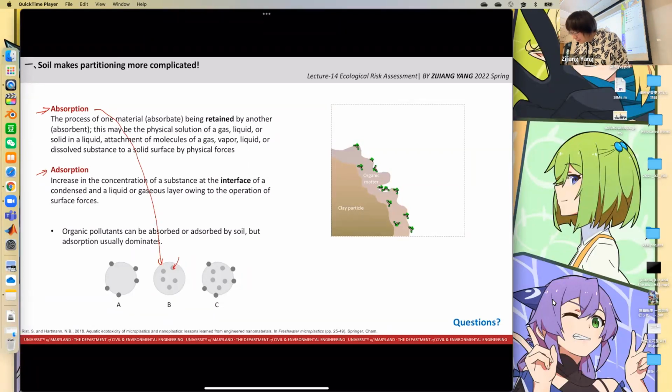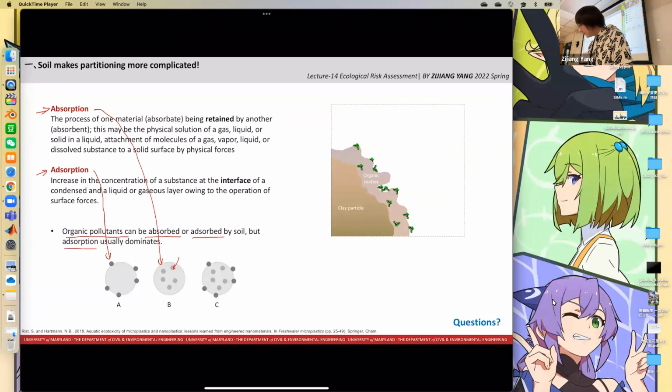But adsorption refers to the attachment of the chemical on the surface of another phase. For organic pollutants, they can be absorbed or adsorbed by the soil, but adsorption is usually dominant.